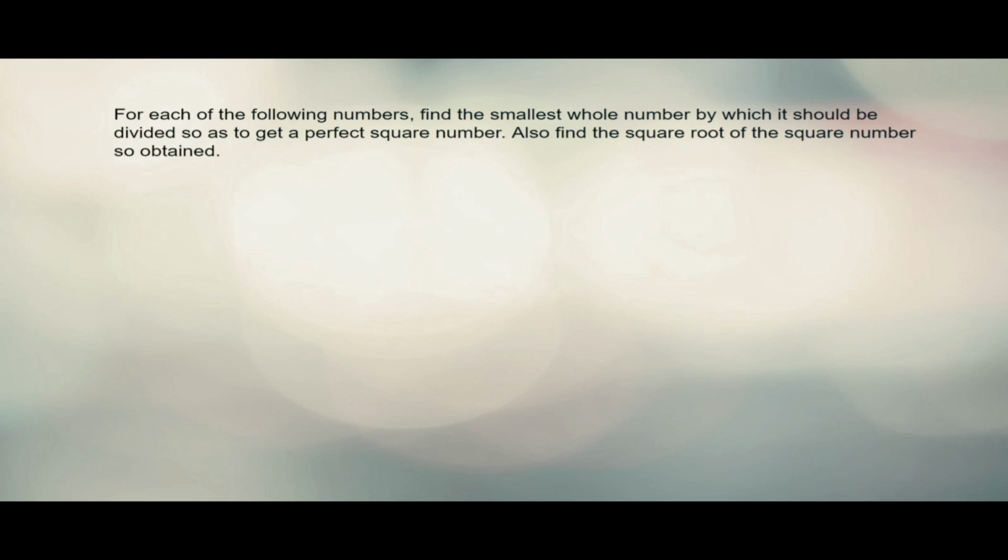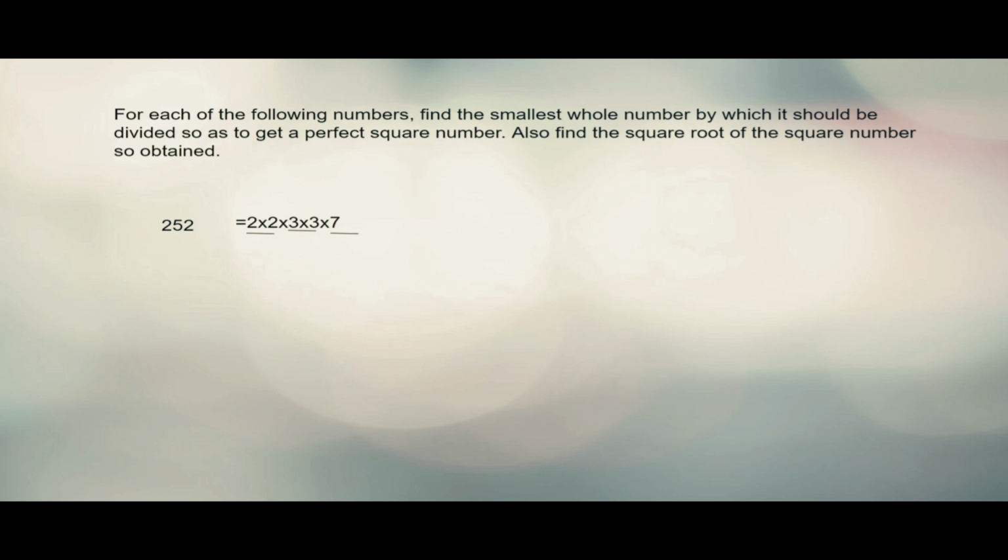Earlier we multiplied 252 by some number, but now we have to divide it by some number to make it a perfect square. Now we already know the prime factors of 252. Making pairs of the same numbers, we get 7 as a single number.